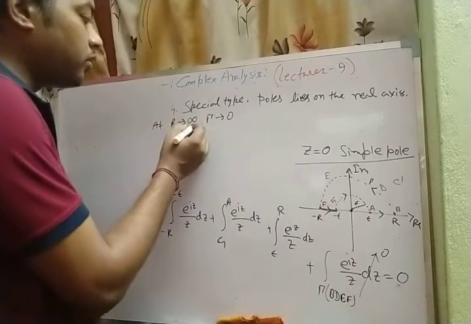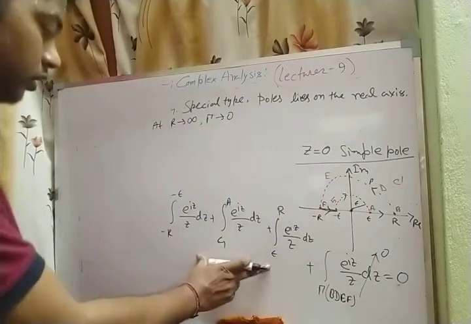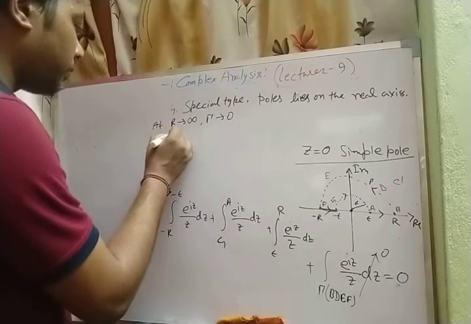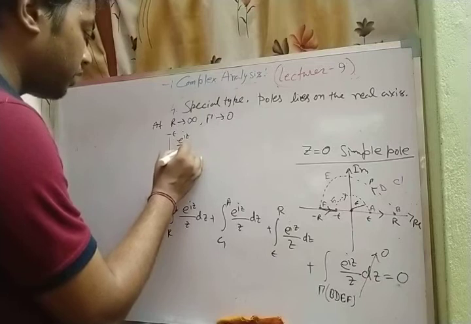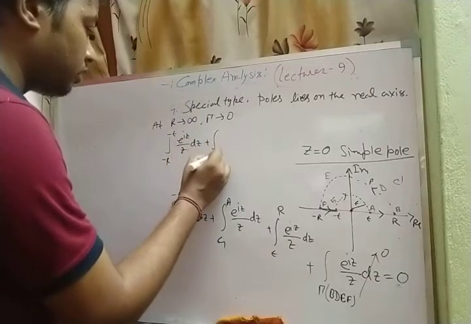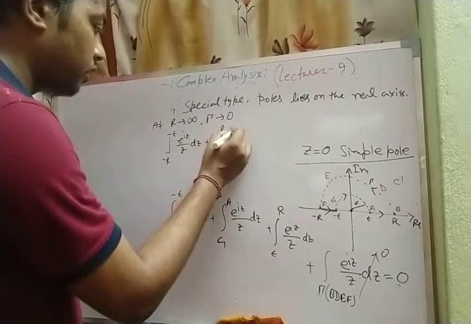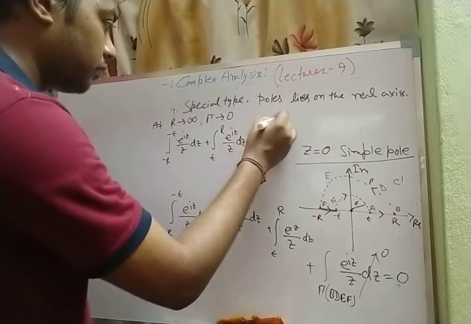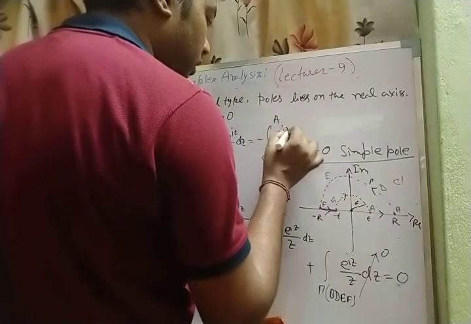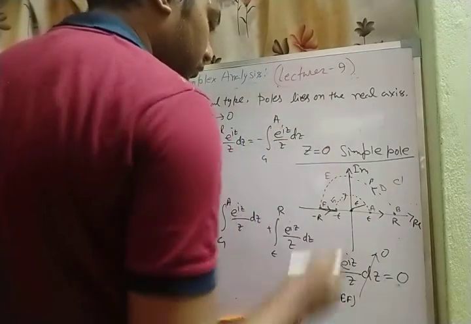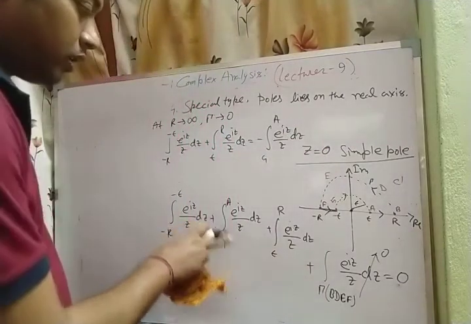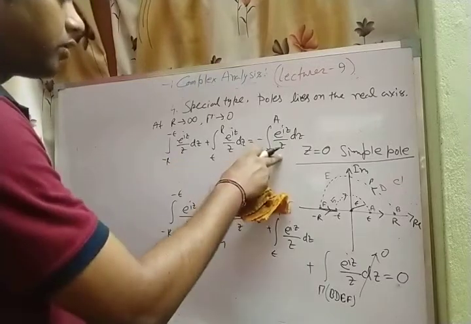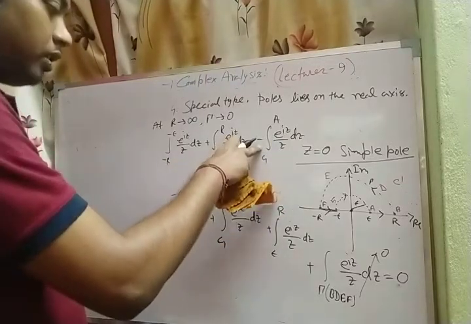So this integration gives the integral from minus r to minus epsilon of e to the power iz by z dz, plus the integral from epsilon to r of e to the power iz by z dz, is equal to minus the integral g to a of e to the power iz by z dz. So this is 0, and we are considering this and this on the left hand side and this on the right hand side, so it becomes negative.